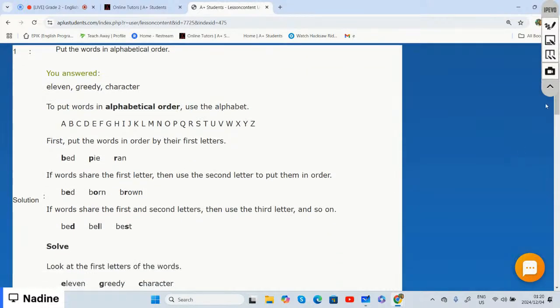All right. So we see that we put words in alphabetical order. And when we put the words in alphabetical order, we need to use the alphabet.